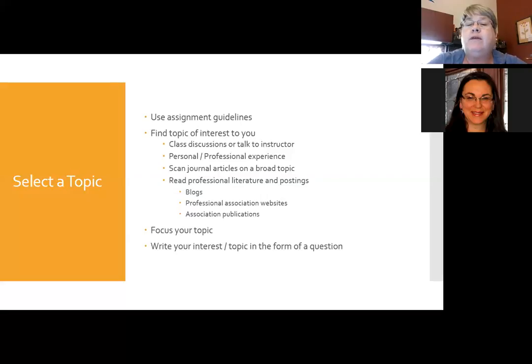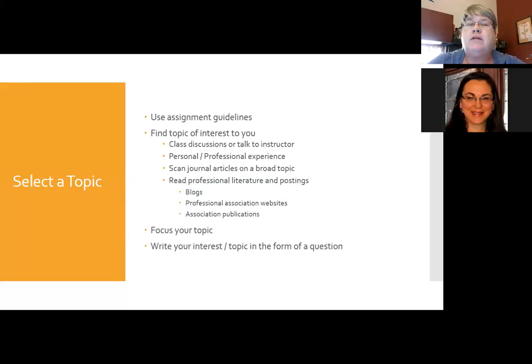For example, there are a couple of journals in the library, especially academic library area. I get those tables of contents once a month, and I look through that to see what other librarians are writing about or what they are doing, and that gives me ideas that I can then follow up on later on my own.